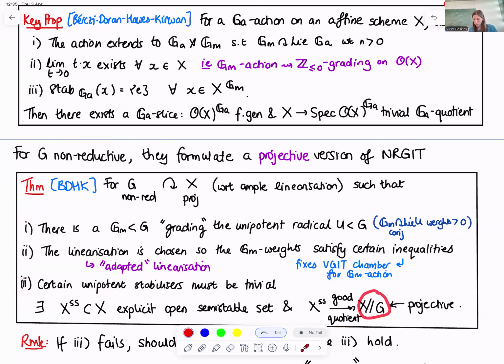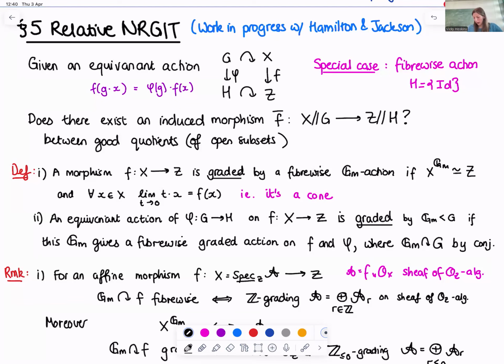And basically, the main reason that we were interested in this is we can actually generalize the non-reductive GIT to a sort of relative setting where you should think of this map F as flowing down under a Gm action. So actually, this graded notion has a sort of relative setup: we say that if we've got a morphism, we say it's graded by a fiber-wise Gm action.